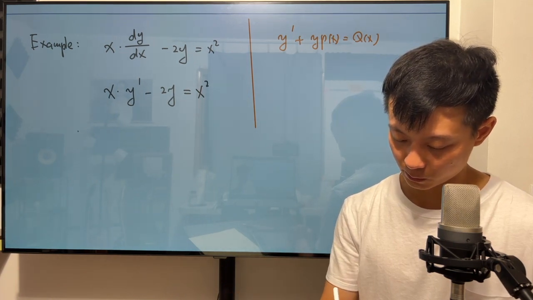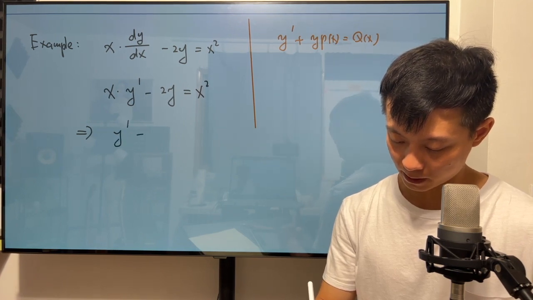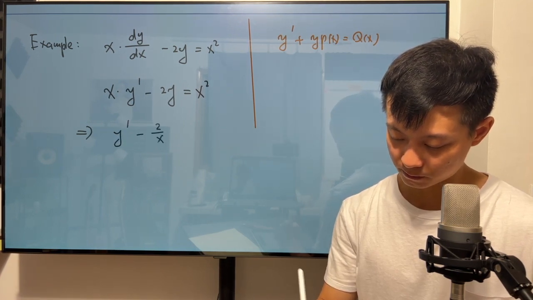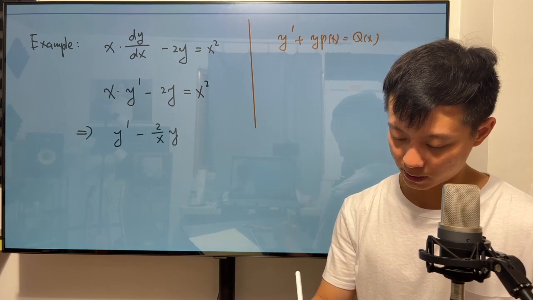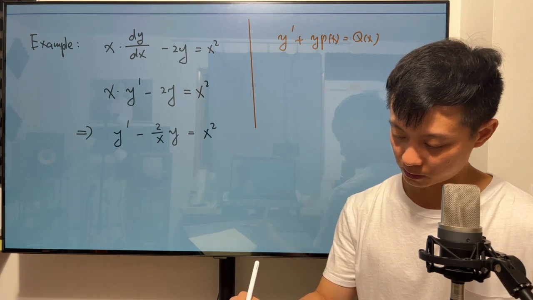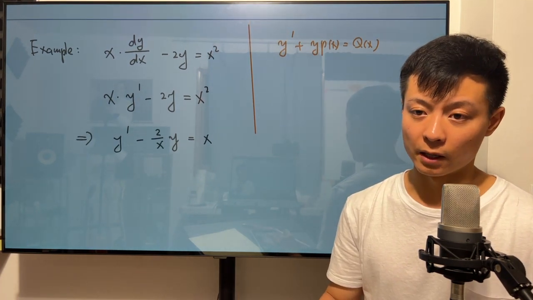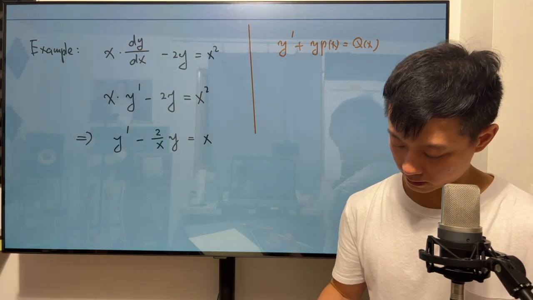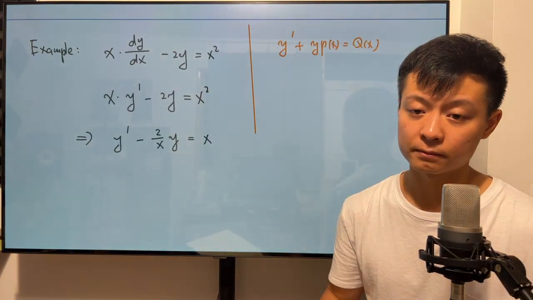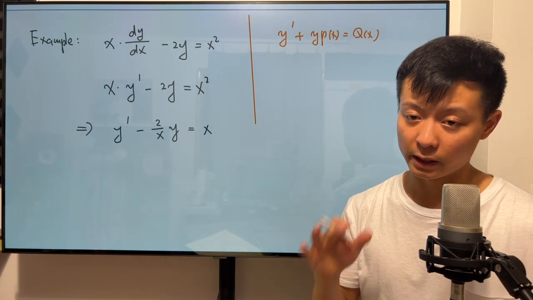Okay, then we're going to have y prime minus 2 divided by x multiplied by y equals x squared divided by x, which is x. Okay, and then we're going to recognize the p of x and then figure out our integrating factor.